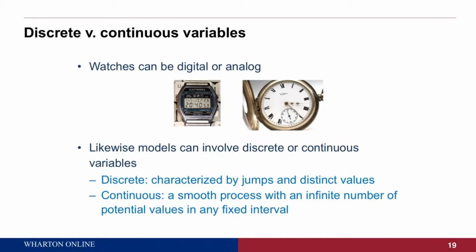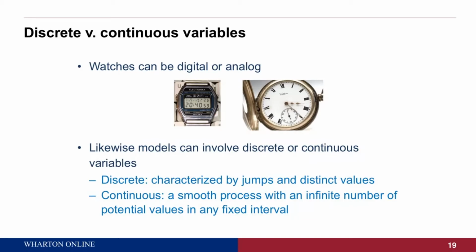On the other hand, if you have an analog watch, one where the hands are physical and sweep out the time, then it can pick up any time possible because the hands have to go through every single number. So that's the idea of something that's continuous. Just as we have digital and analog, we're going to have the same concepts in our modeling, and in the modeling world, we would call them discrete or continuous.